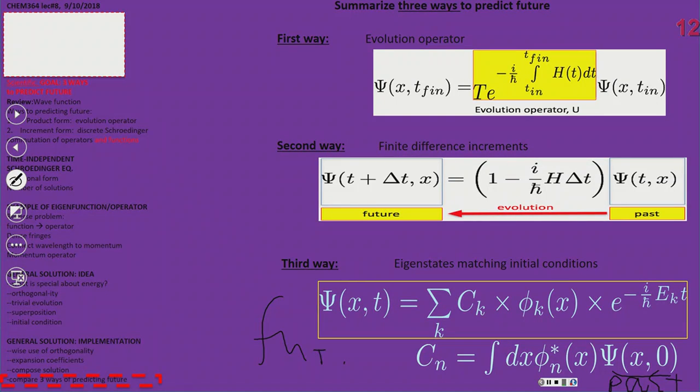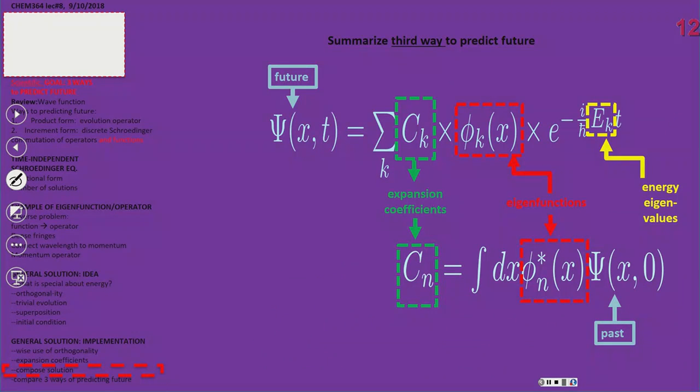So the last way that we learned last time is that we think of the initial condition for the wave function at time 0 at all points of space, and there is a protocol to get it in the future, right?